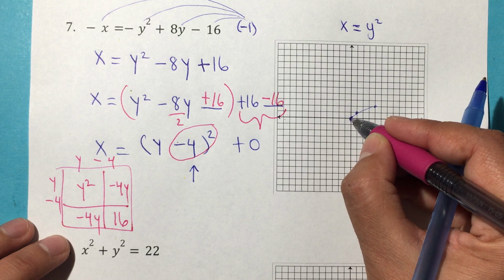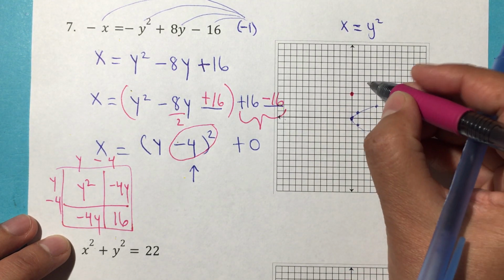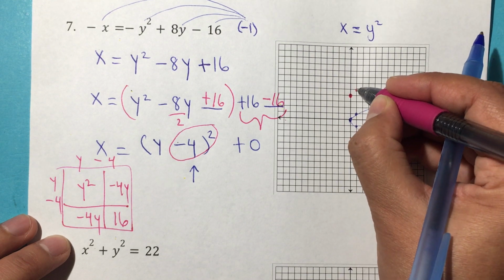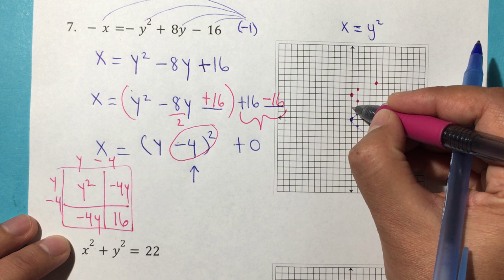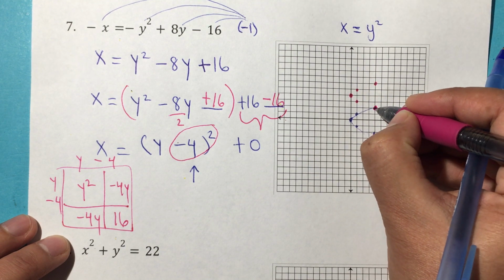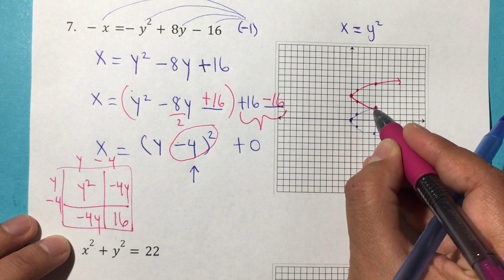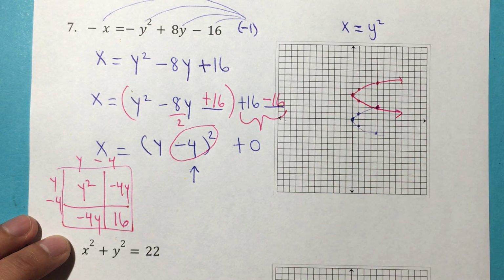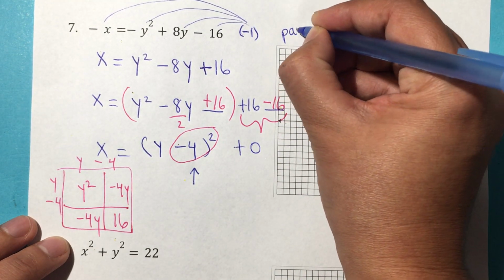So my vertex will go 1, 2, 3, 4 spaces up. And then from there, you just graph the other points. 2 spaces and 4. 2 spaces from the vertex and 4 right there. And that's our new graph. And forgot to label it again. What conic section is this? It's a parabola.